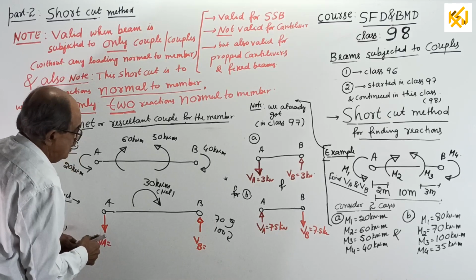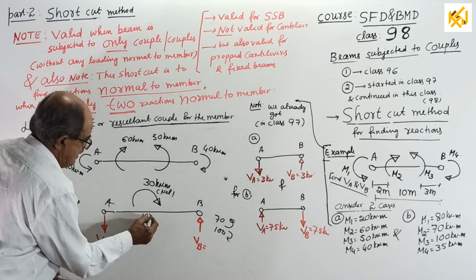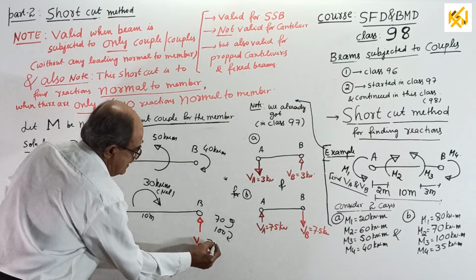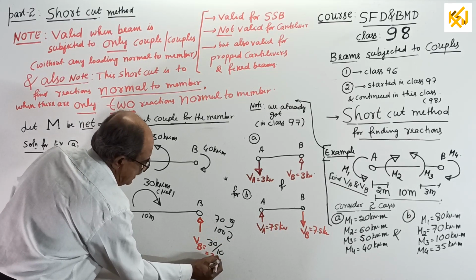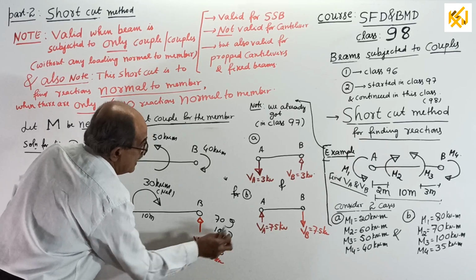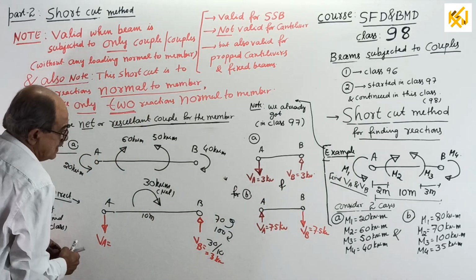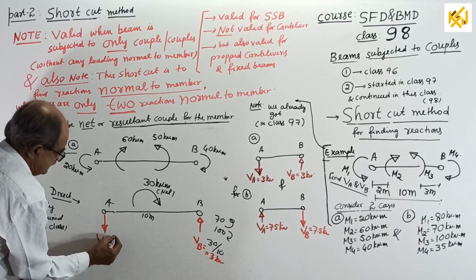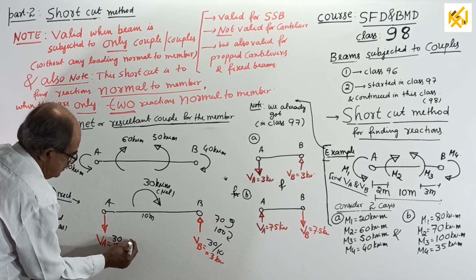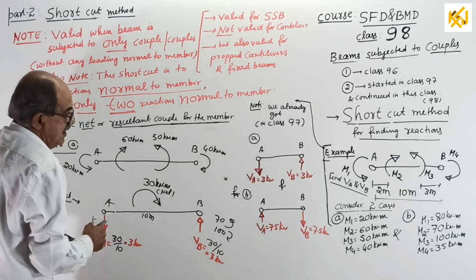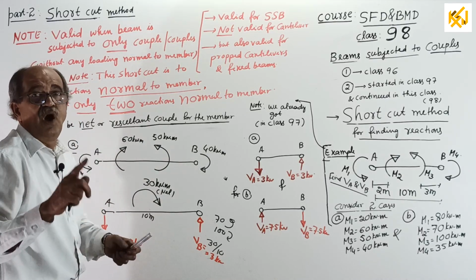VA equal to, span is 10 meter, net couple is 30 divided by 10 equal to 3 kilonewton. See the answer there? 3 kilonewton. This also equal to 3 kilonewton only. 30 by 10 equal to 3 kilonewton. Option number 1. Okay. Option number 2.